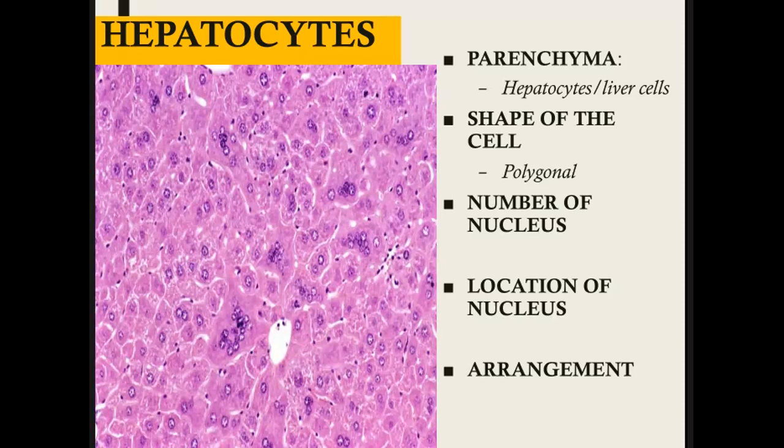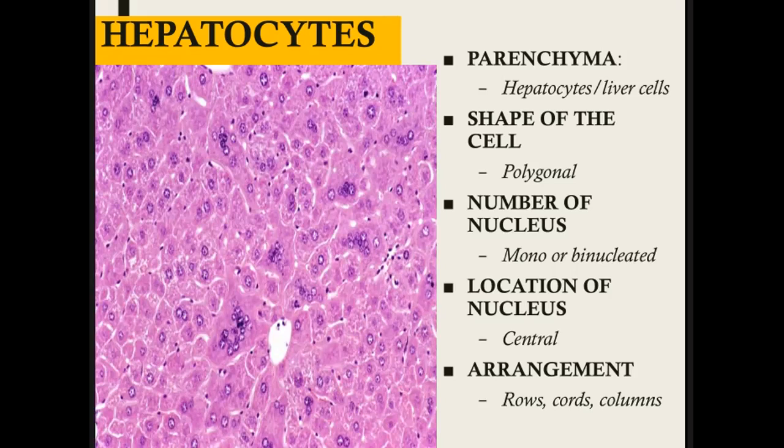The number of nuclei of the hepatocytes, take note, is either mononucleated or binucleated. You have to answer mononucleated or binucleated. If asked the location of the nucleus, they are centrally located, and the hepatocytes are arranged in rows, cords, or columns.